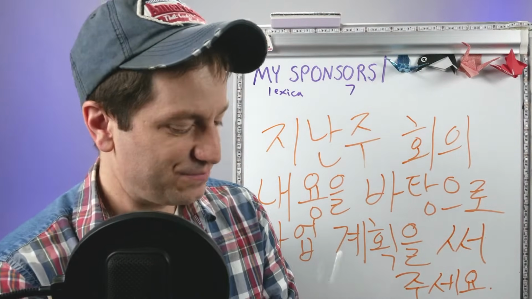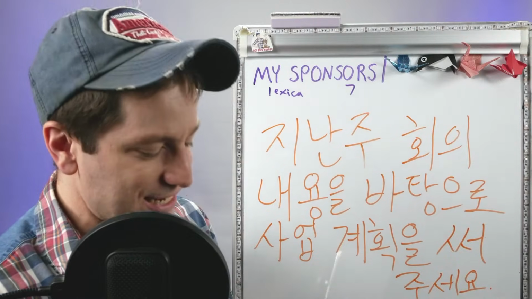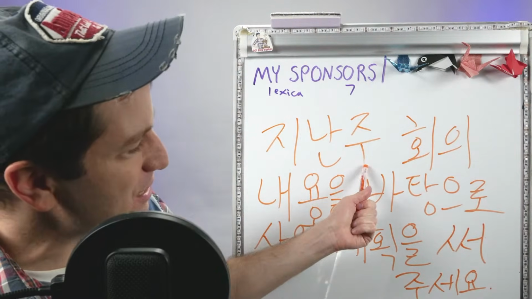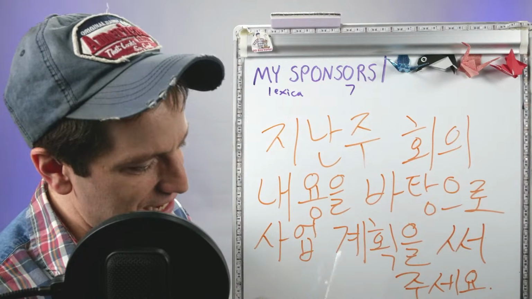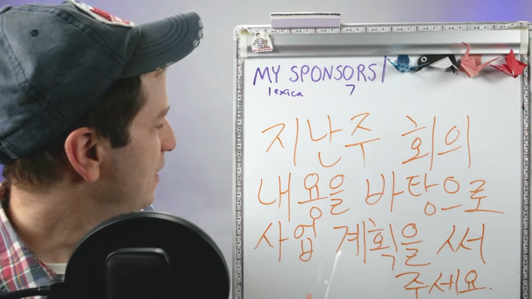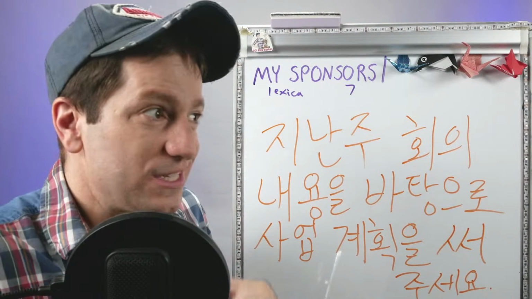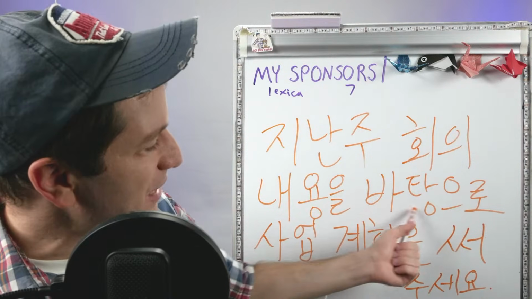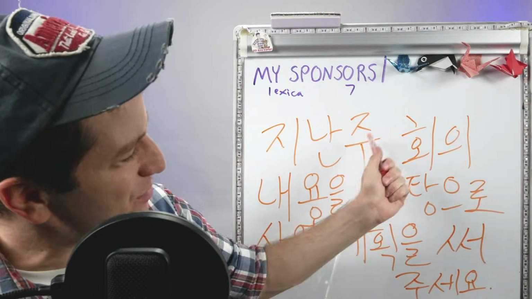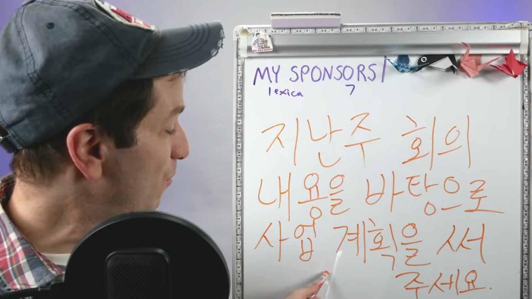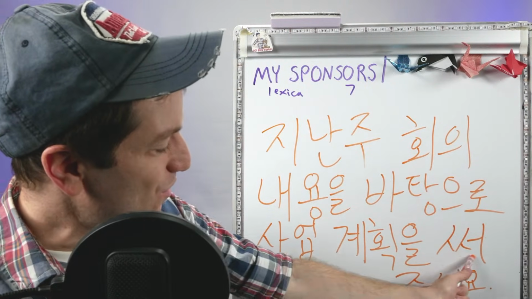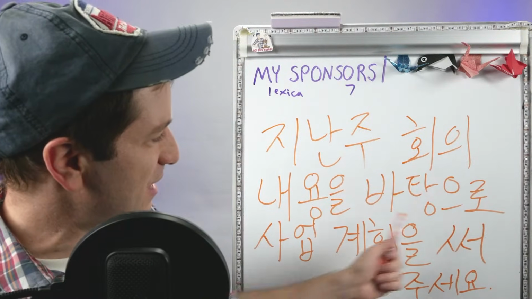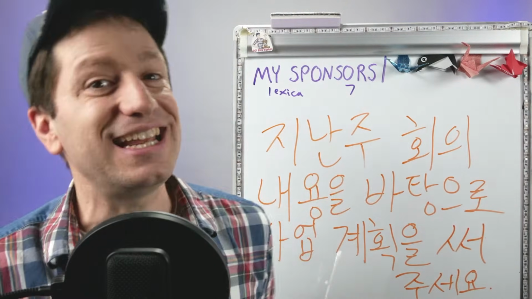Okay, yeah, there's barely space. Okay, this is our first sentence and it's very long, but let's talk about it. 지난주, last week. 회의 would be a meeting, like a business meeting. 내용 is the contents, what was discussed at the business meeting last week. 내용을 바탕으로, so based on the contents of last week's meeting, 사업 is business, 계획, business plan, 써주세요. So please write, 쓰다, 써주세요. Please write the business plan based on the contents of last week's meeting.